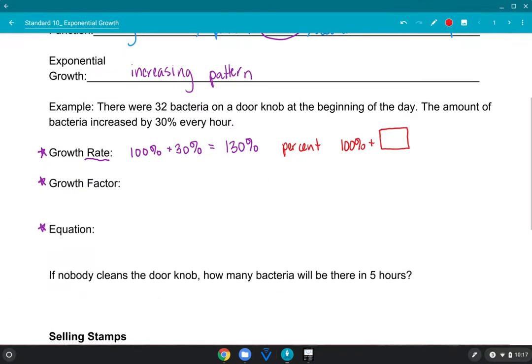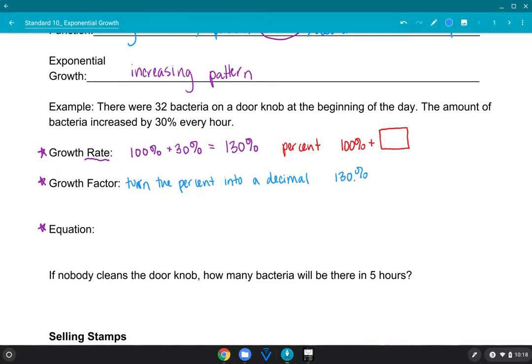Okay. Now a growth factor is pretty easy once you have your growth rate. You take your percent and you turn the percent into a decimal. So how you turn percents into decimals, so we have 130%.